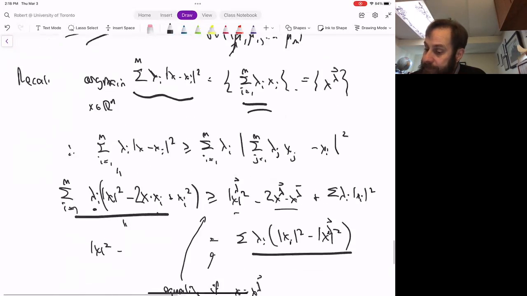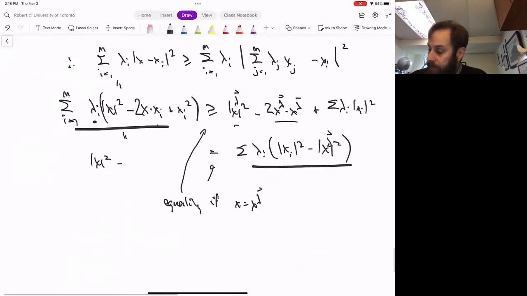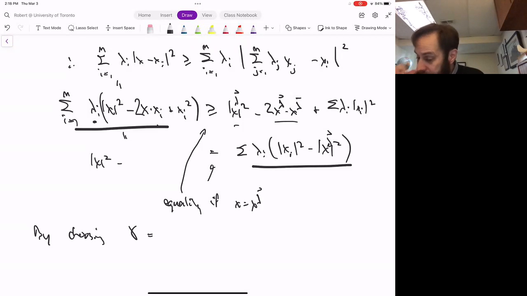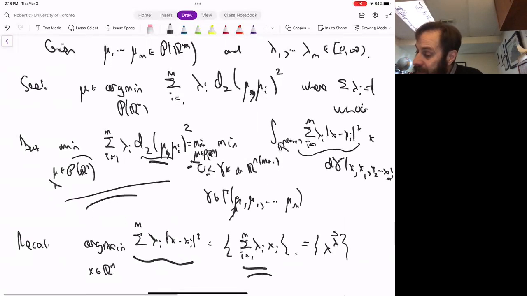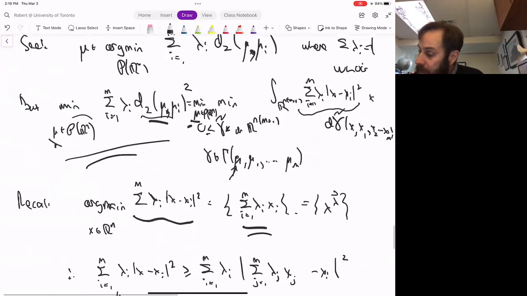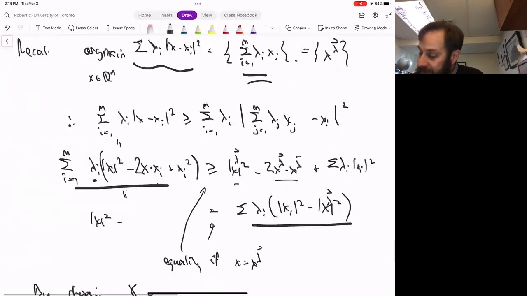So therefore, by choosing gamma equal to, oh, and again, my notation is a little bit lousy, but let's call this gamma tilde, the guy that has m+1 marginals.